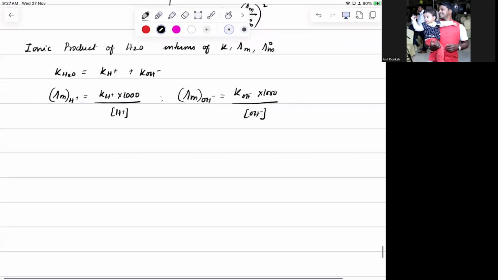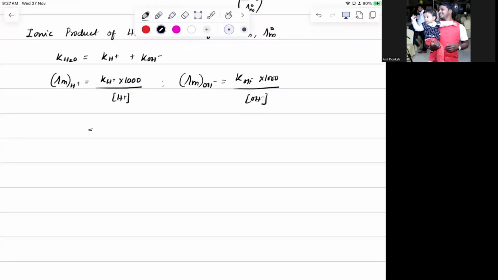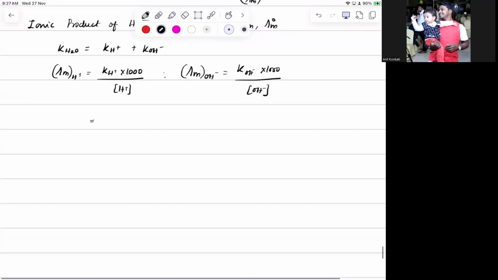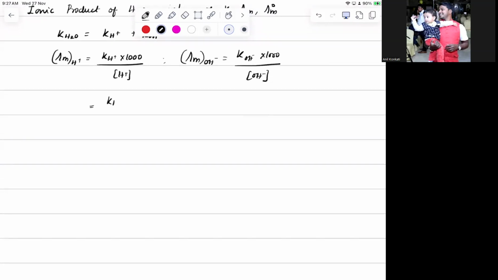Now, concentration of H plus can be written as under root of Kw, because Kw is something which we know, right? So we can write this as kappa of H plus into 1000 divided by under root of Kw. And here also I can write kappa of OH minus into 1000 divided by under root of Kw.